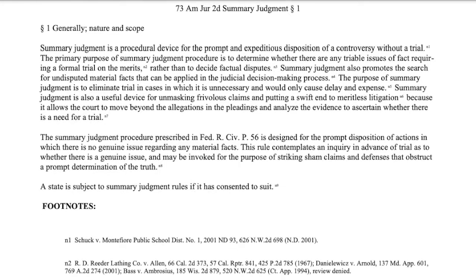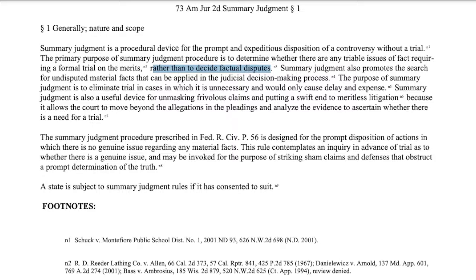And here it is, generally, nature and the scope. Summary judgment is a procedural device for prompt and expeditious disposition of a controversy without a trial. The primary purpose of summary judgment procedure is to determine whether there are any triable issues of fact requiring a formal trial on the merits, rather than to decide factual disputes.